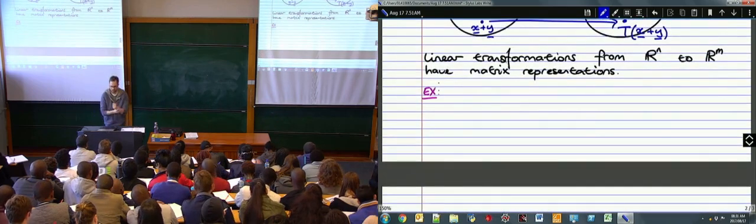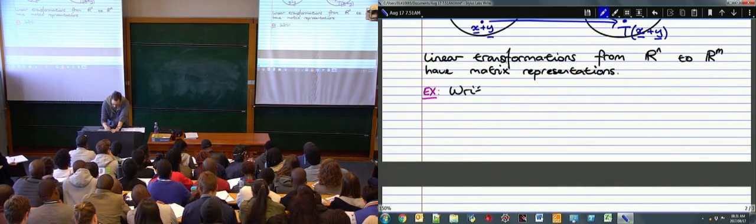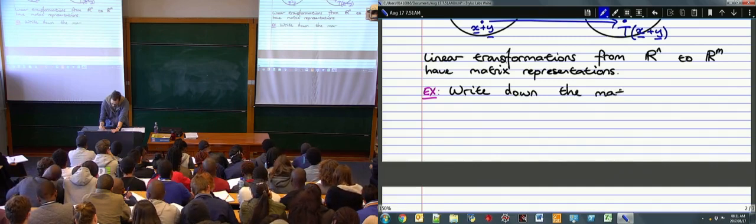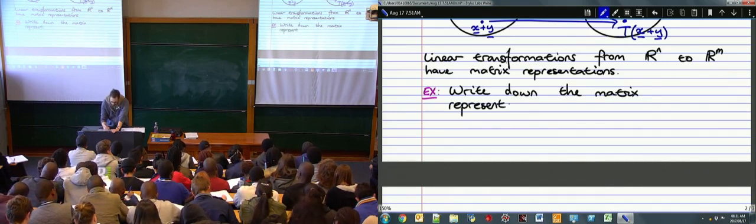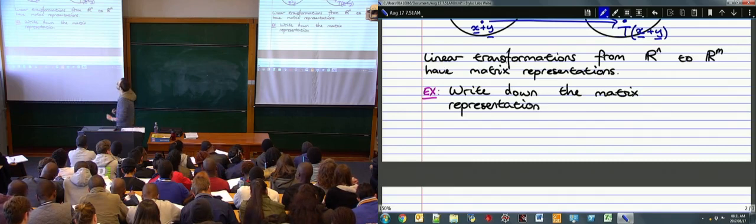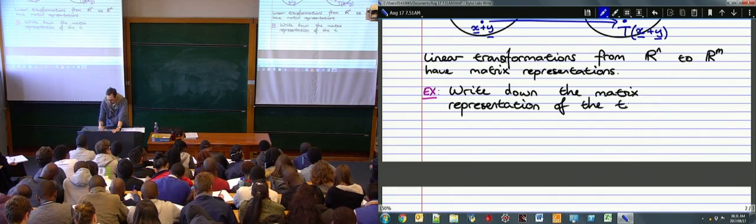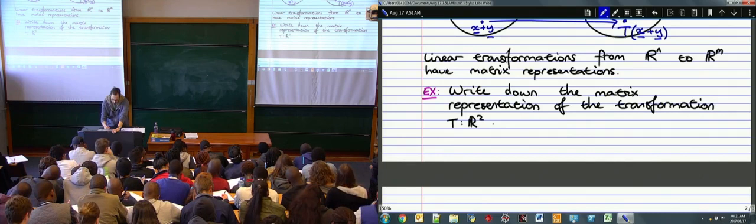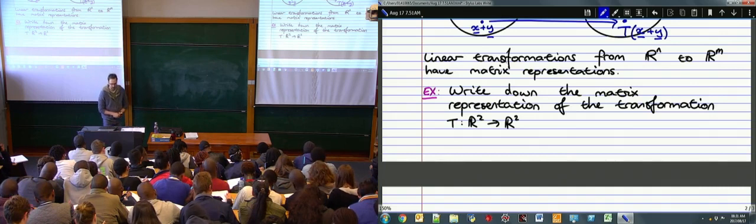Okay, here's the example we're going to do. Write down the matrix representation of the transformation T. T is a transformation from R2 to R2, so we're going to have a nice small square matrix, a 2 by 2 matrix.